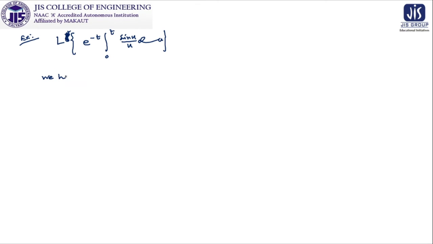Already we have the Laplace transform of integration 0 to t sin u by u du is equal to 1 by s times the Laplace transform of sin t by t, applying the final formula we have learned today. Now if the Laplace transform of sin t by t is known to us, then we know this result.